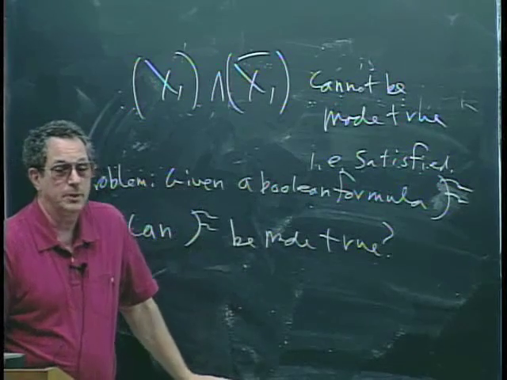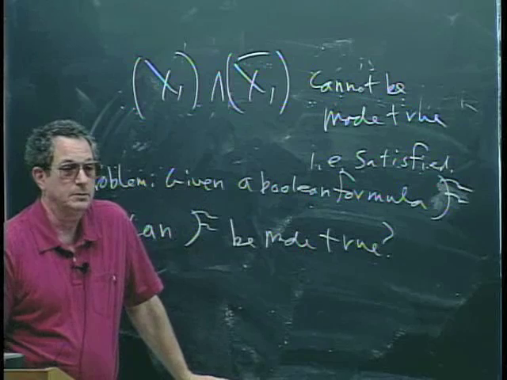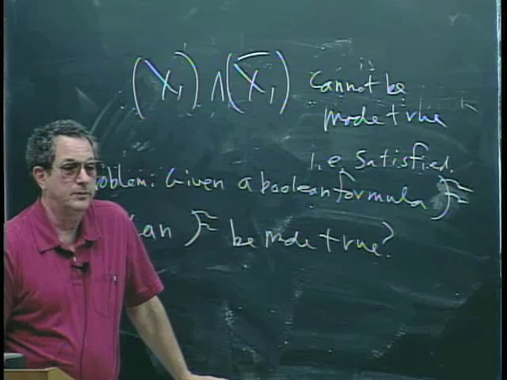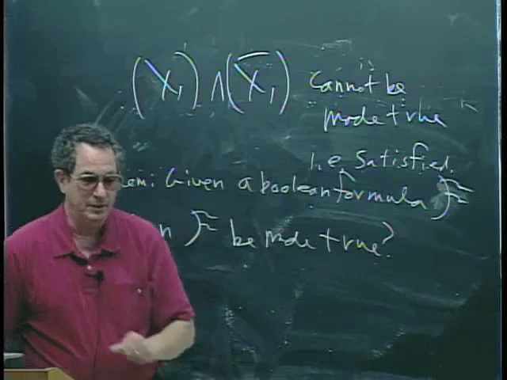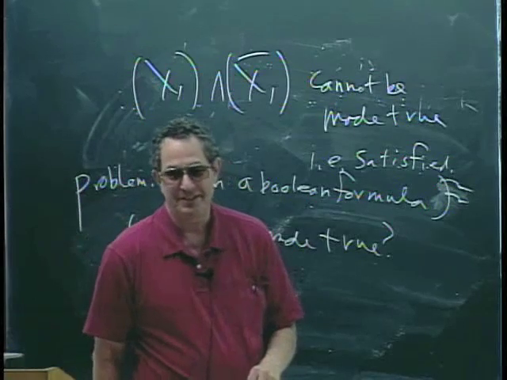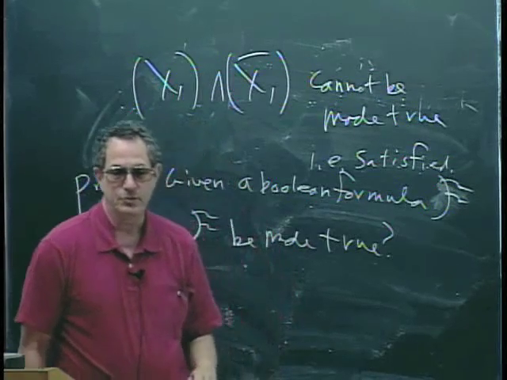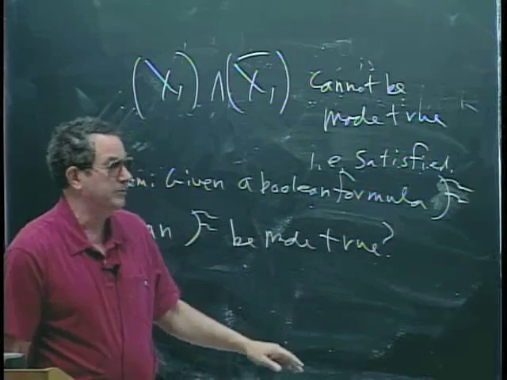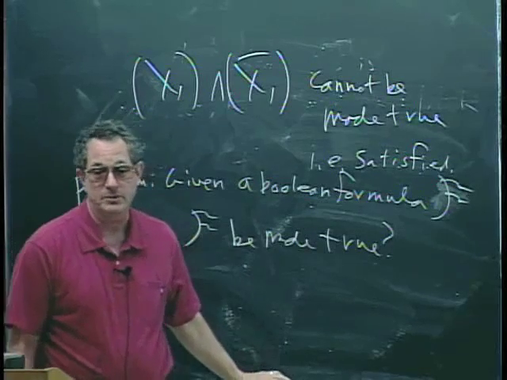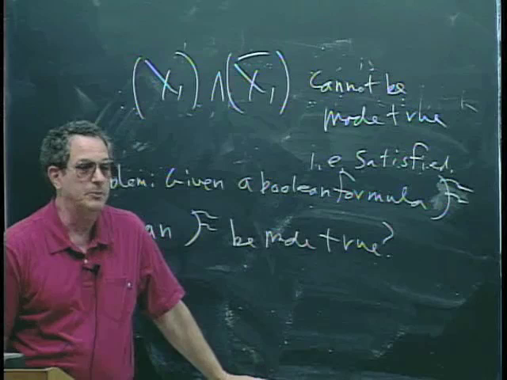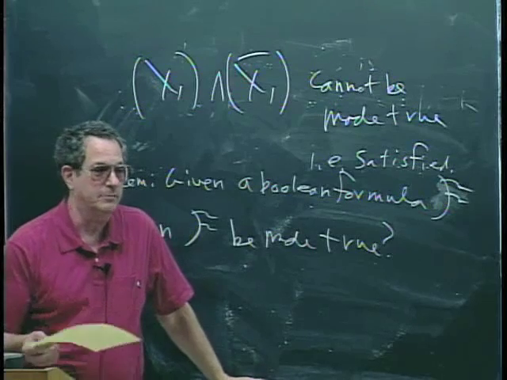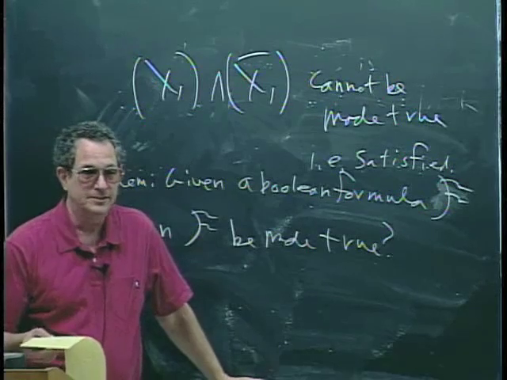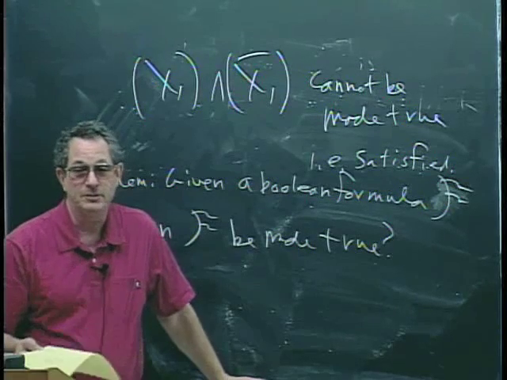So who wants to propose an algorithm? Yes, Michael. Check every combination of all the variables. You check every combination of true and false assignments to the variables, okay? And that's formalized usually in something that's called a truth table, right?